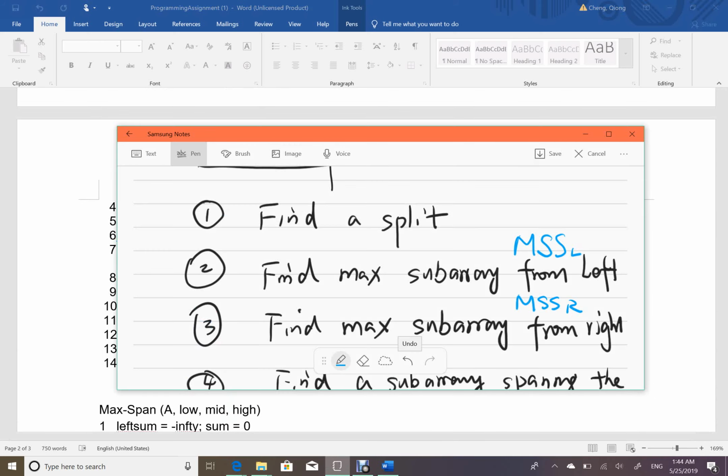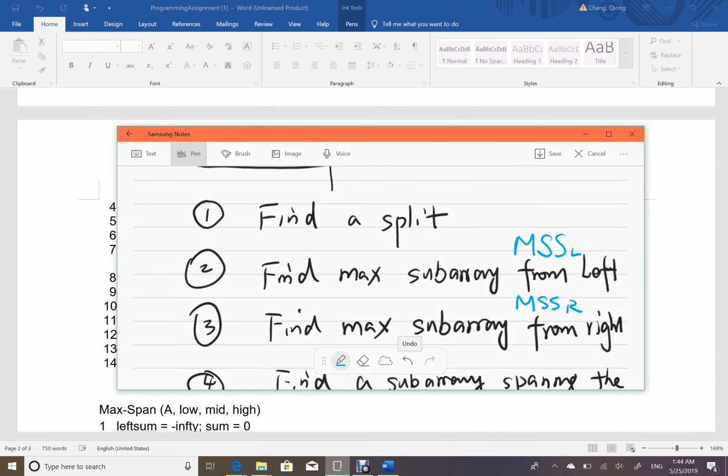So now let's take a look at what they do in this step. This is step 4, find maximum span.